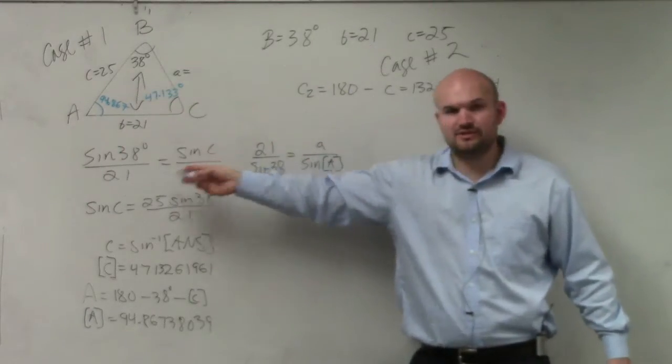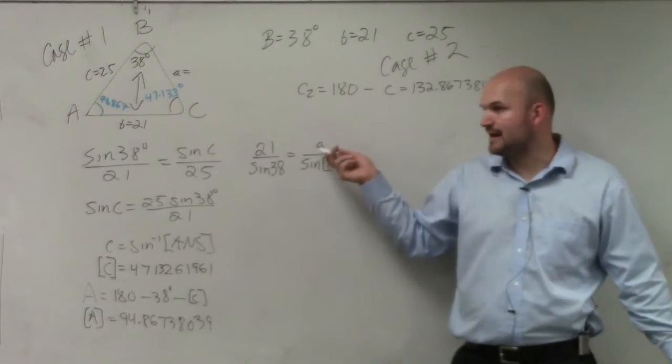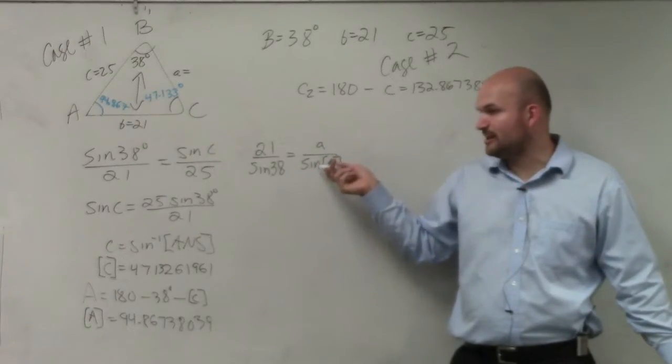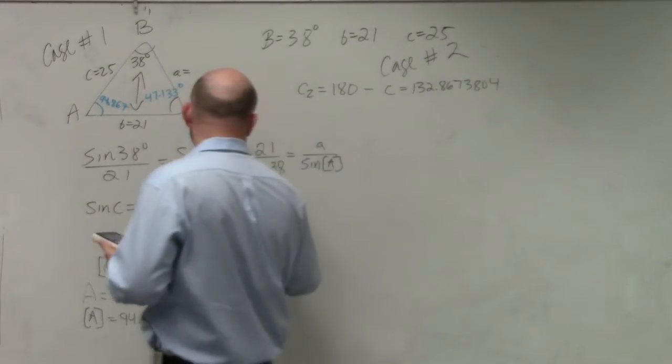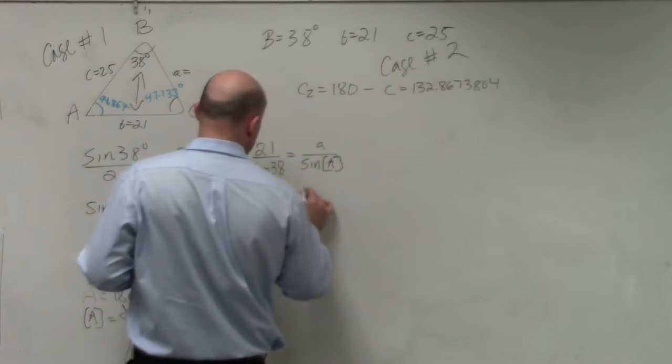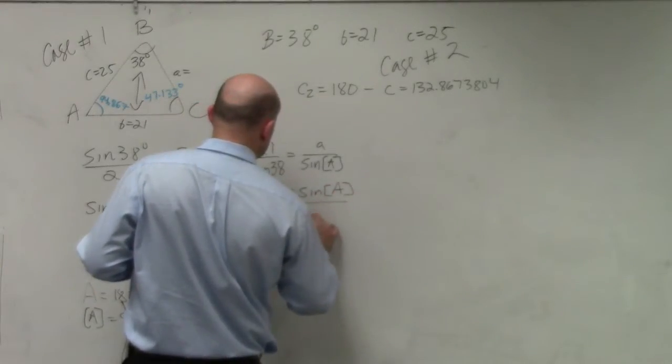Instead of doing this ratio, I'm using this ratio. The reason why that's helpful is because now I can solve for a in the numerator. And all I've got to do is multiply by sine of A, which is stored in my calculator. So therefore, a is equal to 21 sine of A divided by the sine of 38.